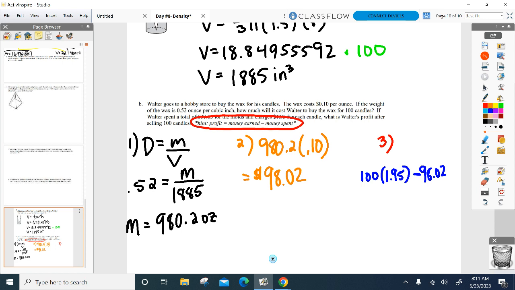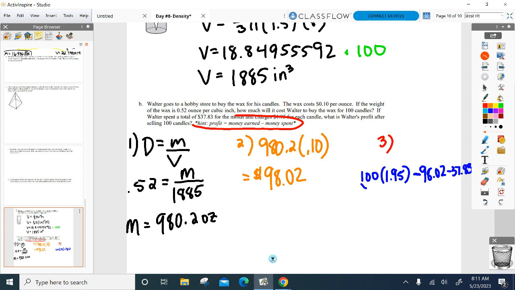And he also spent some other money. What else did he spend it on? The molds, right? We also have to subtract out $37.83 because he had to spend money on the molds. So that'll show right here what his profit is.